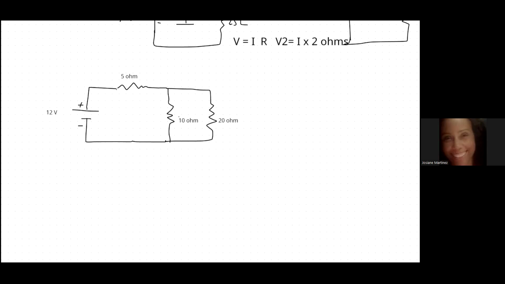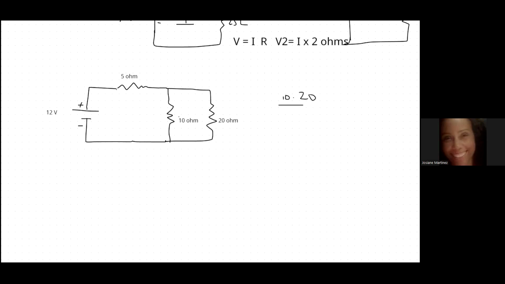So we're going to use our parallel resistor formula, rather. And that means it's 10 times 20. This is the shortcut formula for 2 resistors. Okay, 10 times 20 over 10 plus 20.